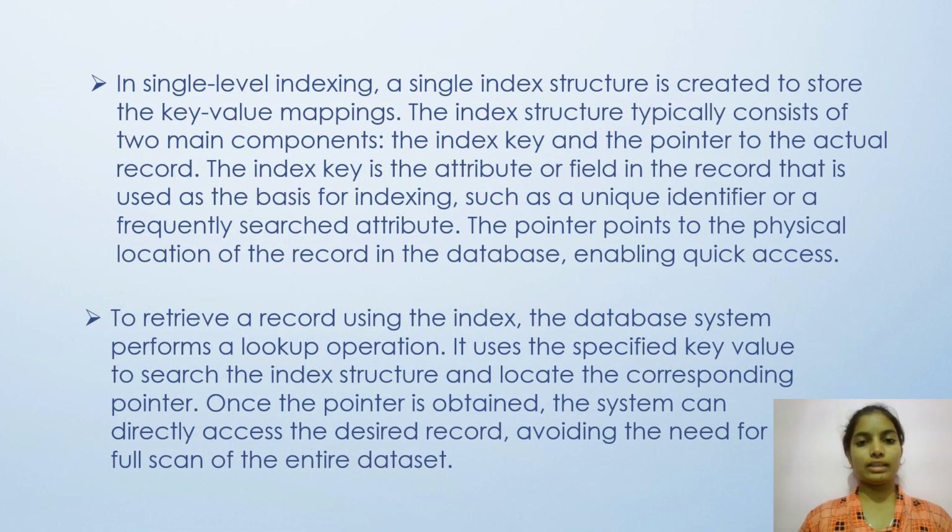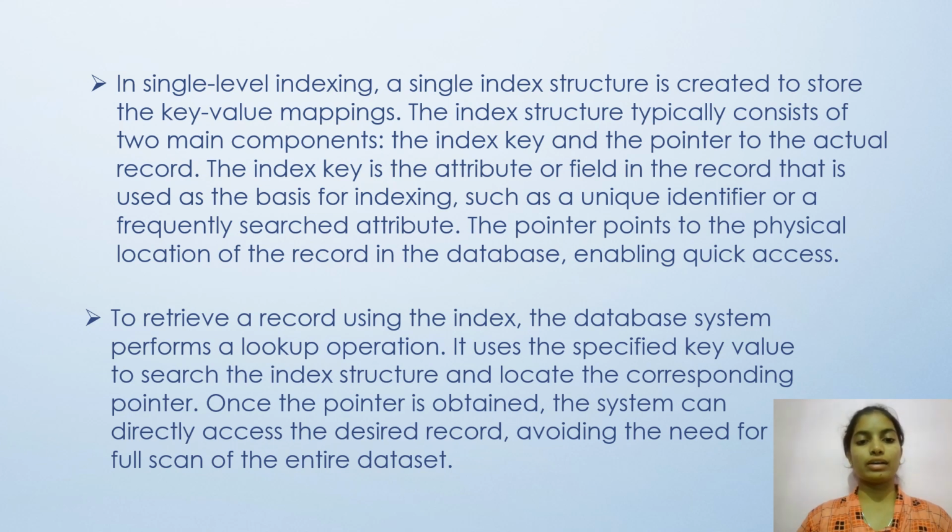In single-level indexing, a single index structure is created to store the key value mappings. The index structure typically consists of two main components, the index key and the pointer to the actual record. The index key is the attribute or the field in the record that is used as the basis for indexing, such as a unique identifier or a frequently searched attribute. The pointer points to the physical location of the record in the database, enabling quick access.